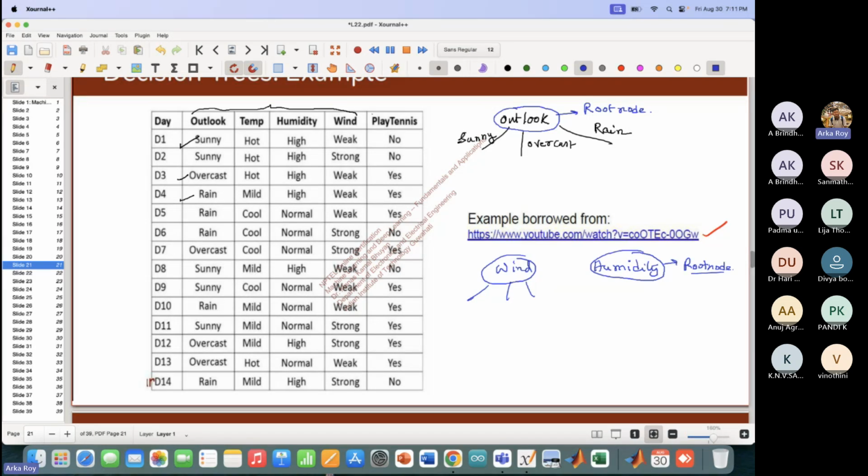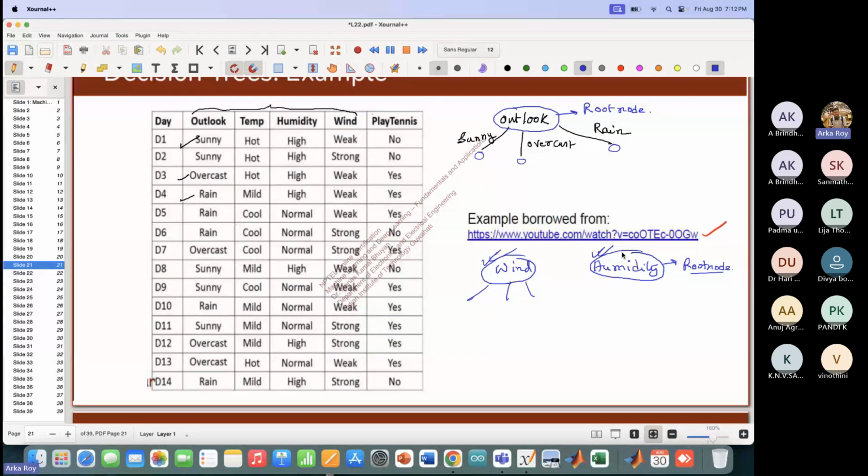Let's say if I choose wind to be the attribute from which we can start the classification, it may so happen that you are not able to classify well. Maybe out of 14 data, you are able to classify only 5 correctly. Majority of the data are misclassified. In the same way, if you choose humidity to be the first node, you may find that your classification result is not that good.